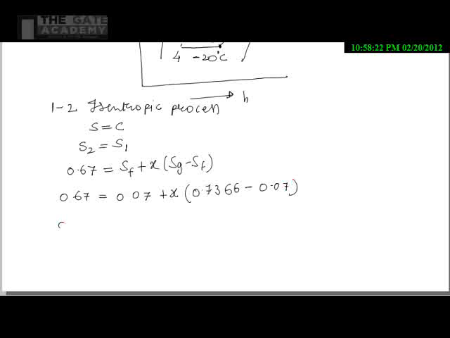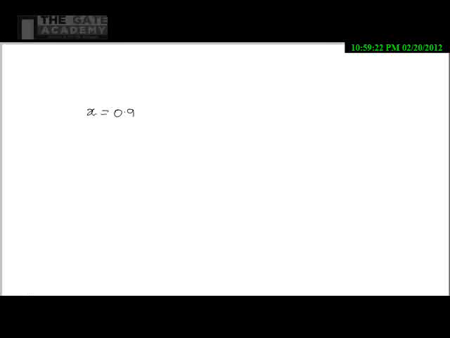So 0.67 equals 0.07 plus X into 0.6666. If you solve it, you will get the X value as 0.9. So we can say X equals 0.9 at state 1.